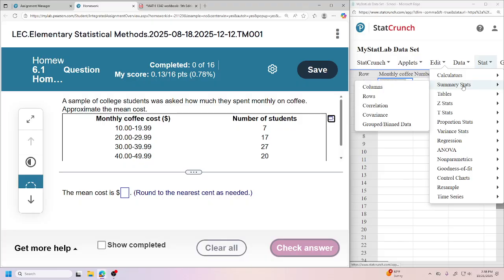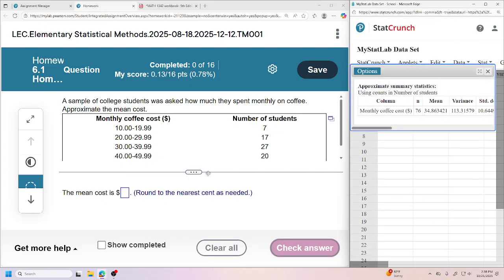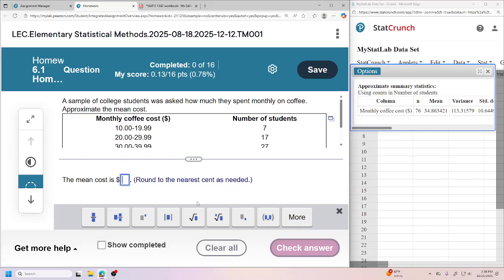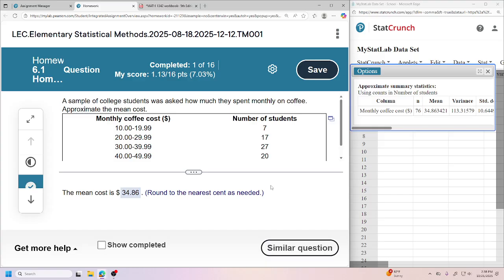Stat, summary stats, group bin data. First with the first, second with the second. I'm going to select it all just in case. Compute, and it says, what's the mean? I'm going to put it in, 34.86. There we go. And that was the only part to that. Are we okay with StatCrunch? That wasn't too hard.